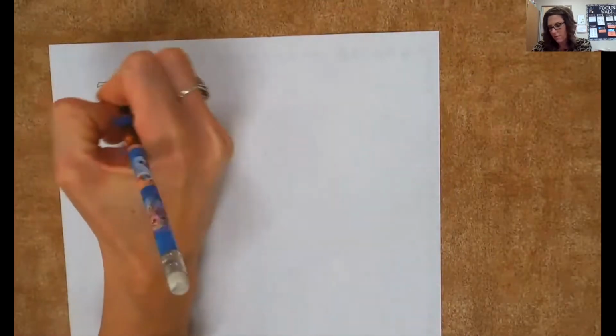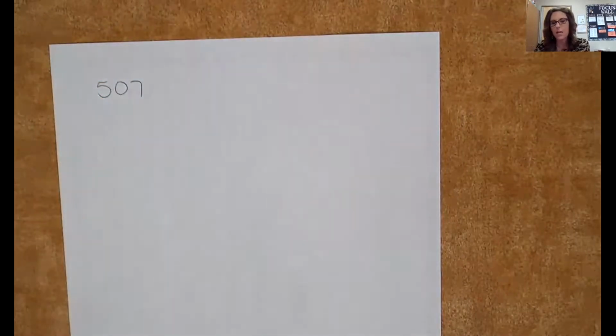So to start this off, I'm going to share my screen with you, and I want you to think about counting by tens. So for example, if you were just to count by tens, you would just go 10, 20, 30, 40, 50, and so on. But let's say we start at this number. Let's say we start at 507, and I want to count by tens.